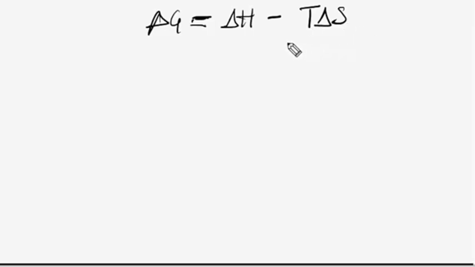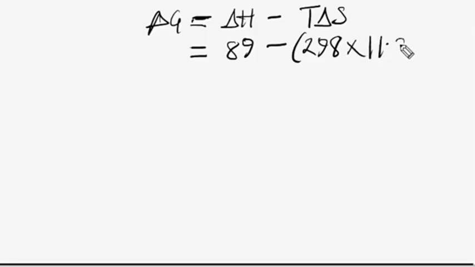So guys, from the question, we've already been given an enthalpy change of 89, and we also have a temperature of 25 degrees Celsius, and that will be 298 Kelvin. This will be multiplied by the entropy change of this system, which is 11.8.